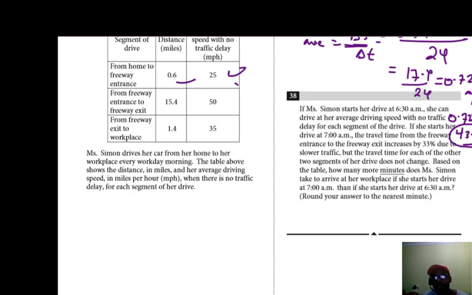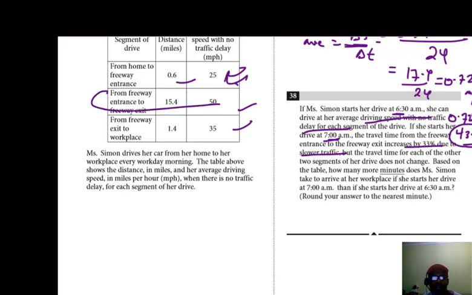Okay, the next question. If Miss Simon starts her drive at 6 in the morning, she can drive at her average driving speed with no traffic delay of each segment. We have 3 segments here. If she starts her drive at 7, the travel time from the freeway entrance to the freeway exit increases by 33% due to slower traffic.